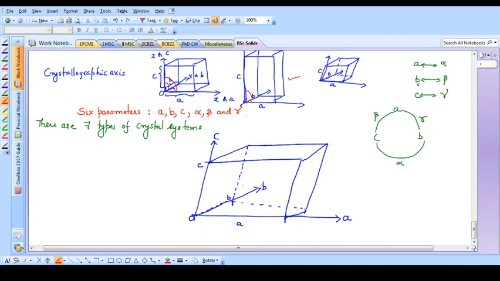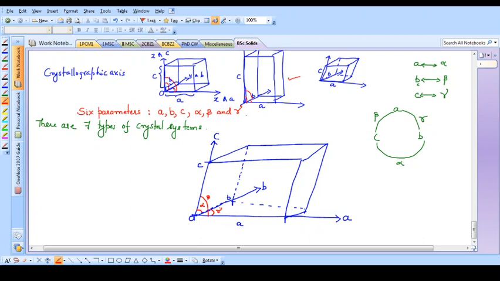What is alpha, what is beta and what is gamma? Alpha is the angle between B and C, so this angle is alpha. What is beta? The angle between A and C, so this angle is beta. And what is gamma? The angle between A and B, so this angle is called gamma.